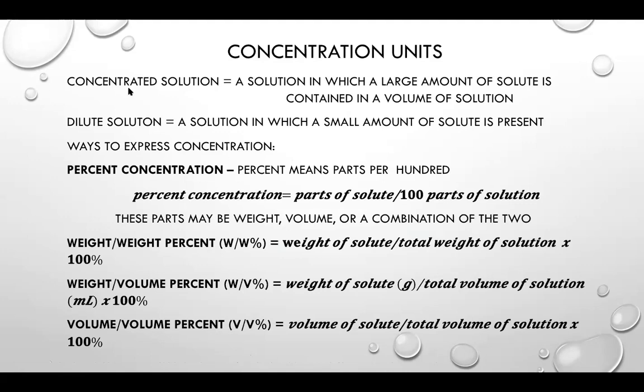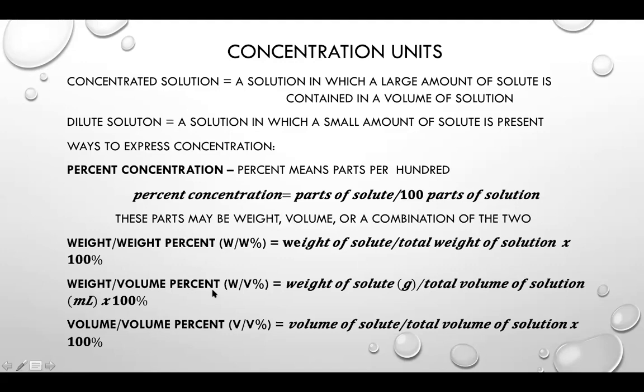So we have the percent concentration. Percent means parts per 100. So you're going to have the parts of the solute divided by 100 parts of the solution. These parts may be weight, which is grams, volume, which is liters, or a combination of the two.